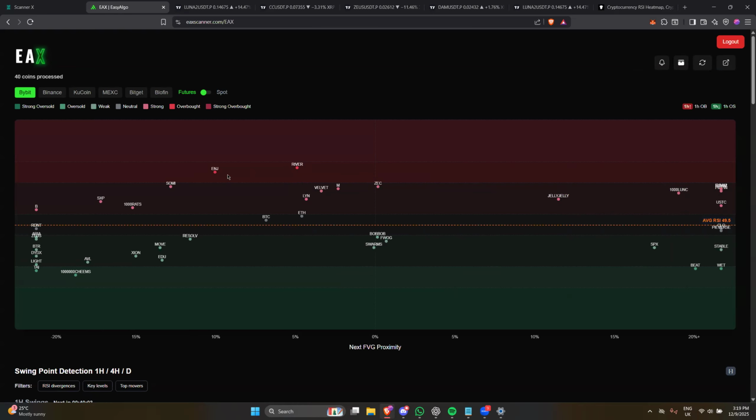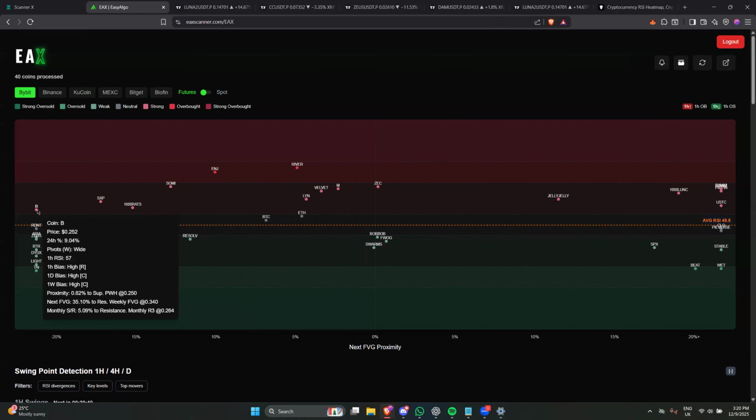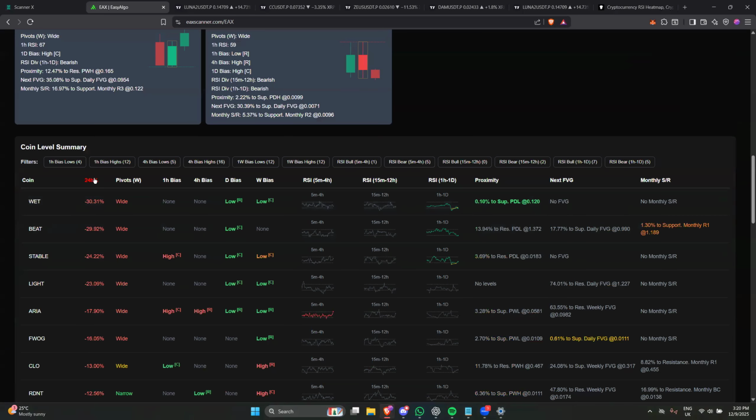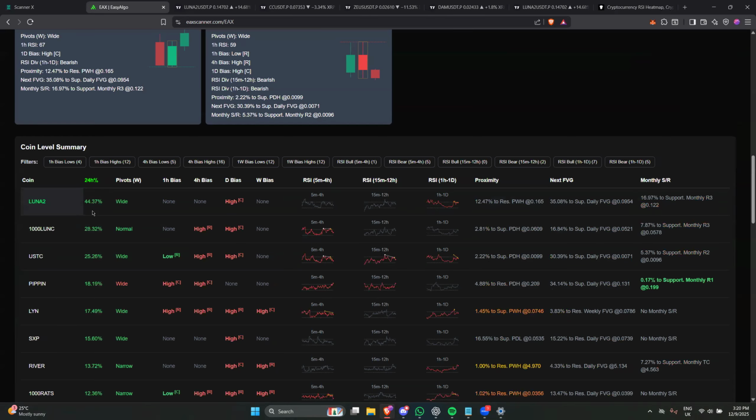Plus T5. Right. I can't pick up anything of obvious note here. So what I'm going to do is just do LUNC as well.